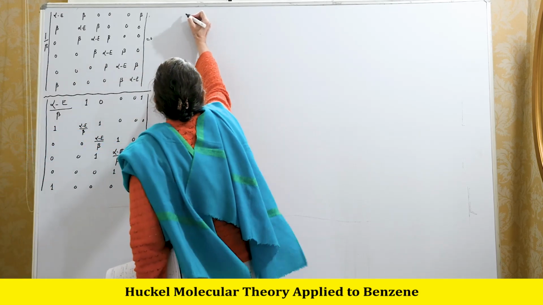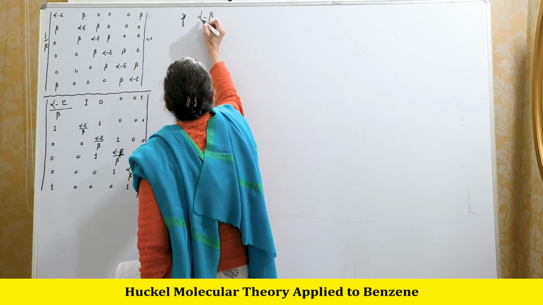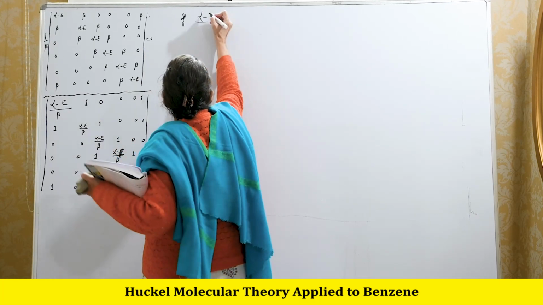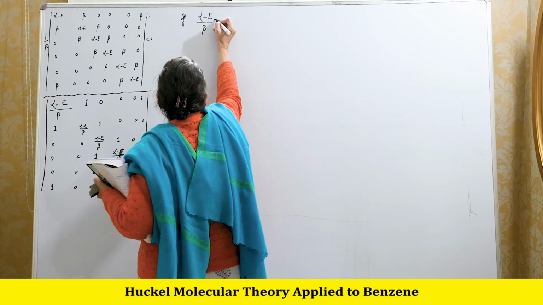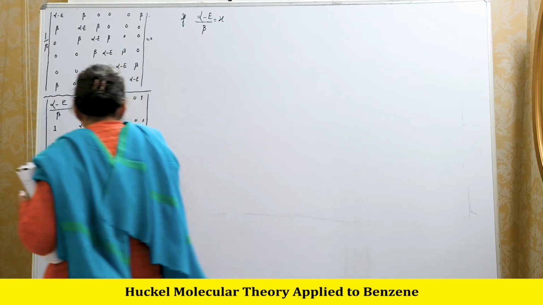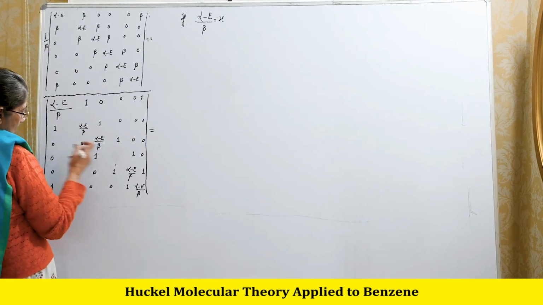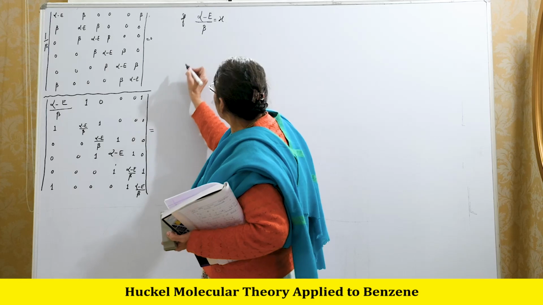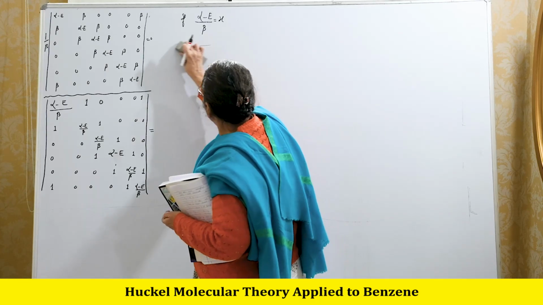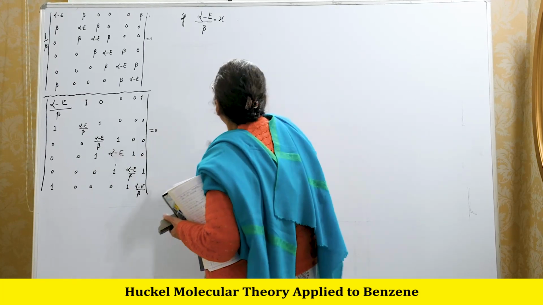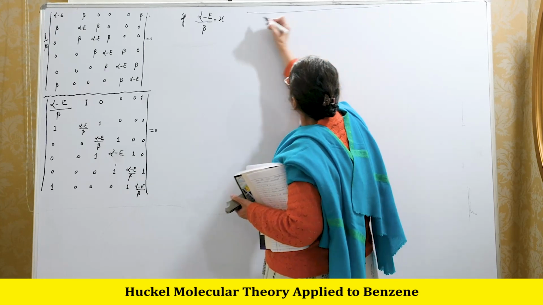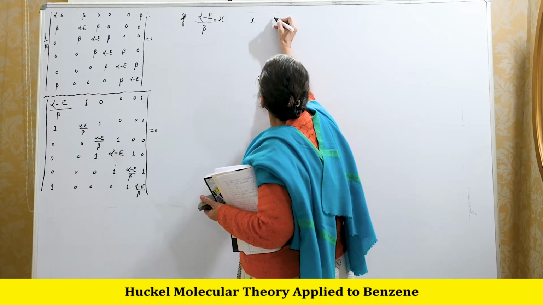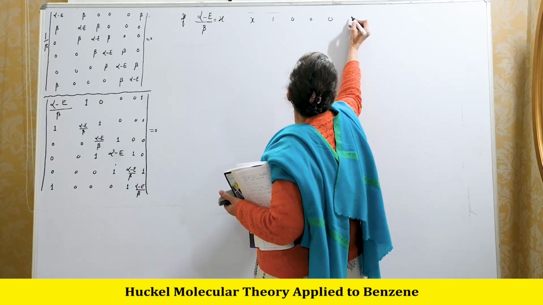If we write alpha minus E upon beta is equal to x, then the determinant will be: x, 1, 0, 0, 0, 1.